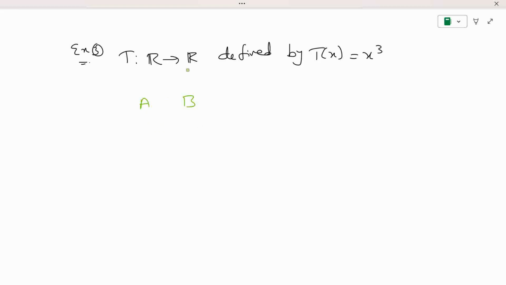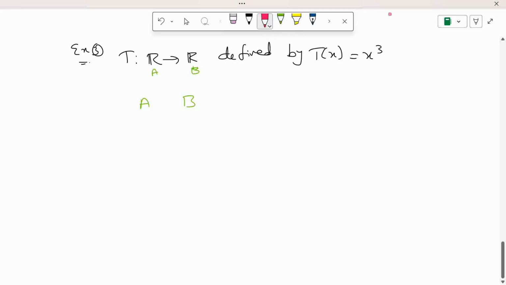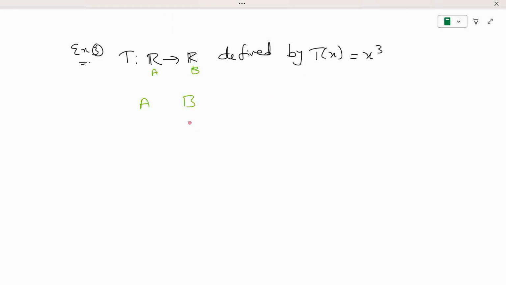Now see, real numbers. This is set B, and set A is also real numbers. So set B, as it is real numbers, can include positive and negative numbers.